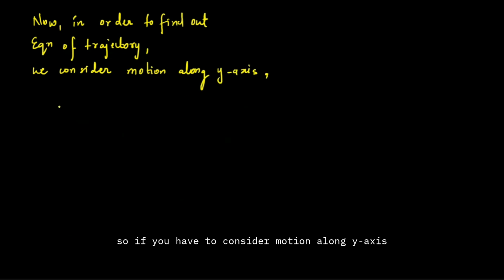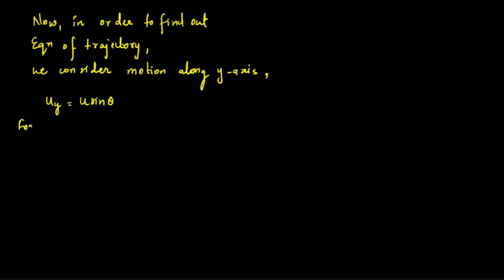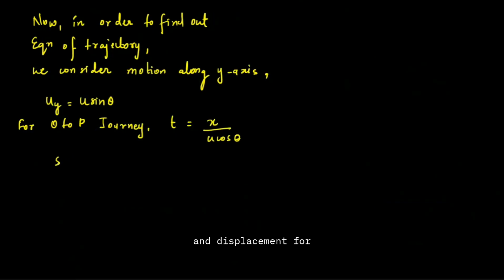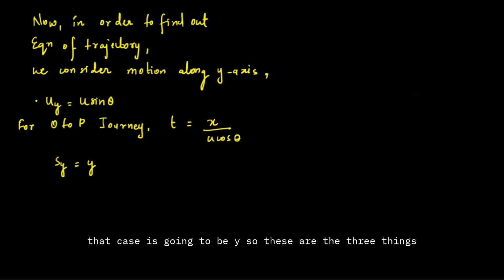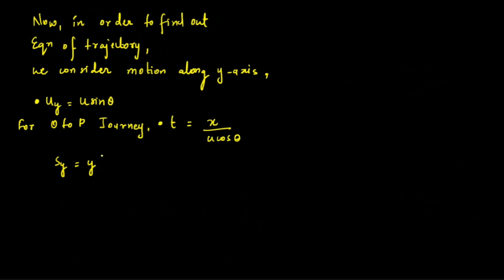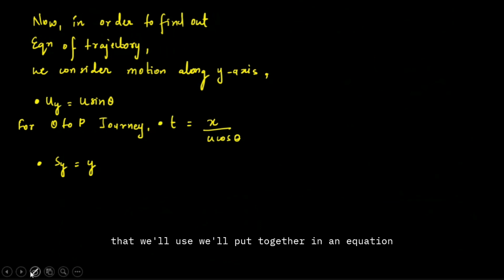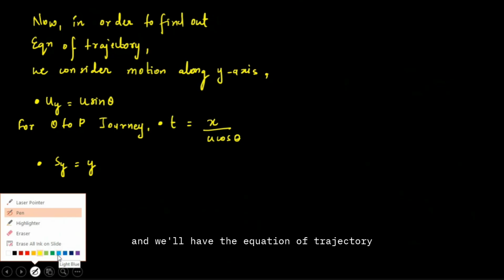Uy is u sine theta. For the O to P journey, we already found time, which is x over u cos theta, and displacement for that case is going to be y. So these are the three things that we'll put together in an equation, and we'll have the equation of trajectory.